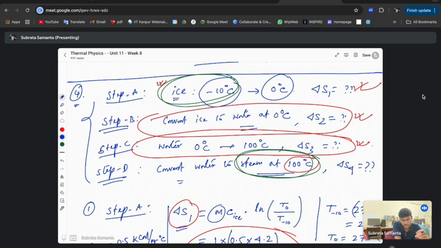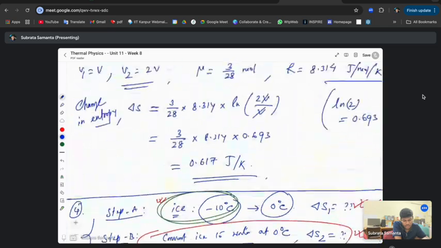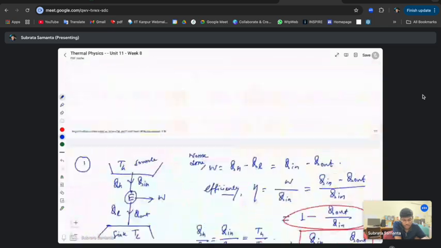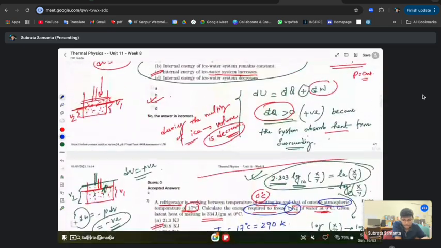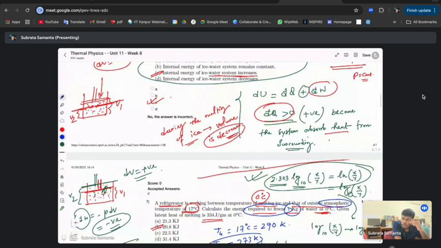Yes, I mean initially your entropy is fine. So when the entropy is positive, it's an entire process. Okay, so let's see that.